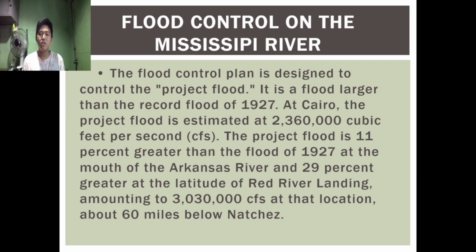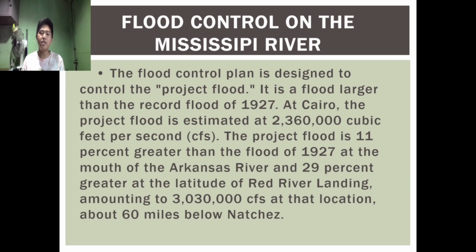So this is one of the examples of river control, which is the flood control on the Mississippi River. The flood control plan is designed to control the project flood. It is a flood larger than the record flood of 1927. At Cairo, the project flood is estimated at 2,360,000 cubic feet per second.